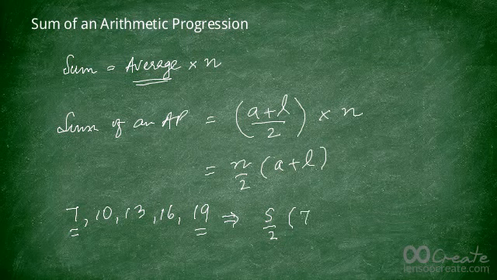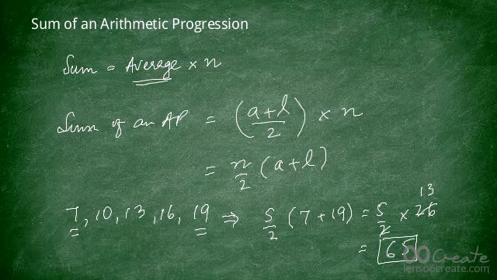So 7 plus 19 gives me 5 over 2 times 26, and that is equal to 65. So the answer should be 65. I hope that's clear to you.